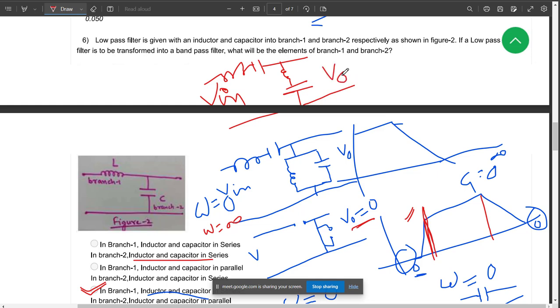At a certain frequency, where XL equals XC, both become short circuit and V naught does not appear in this case. So that is not a band pass filter.